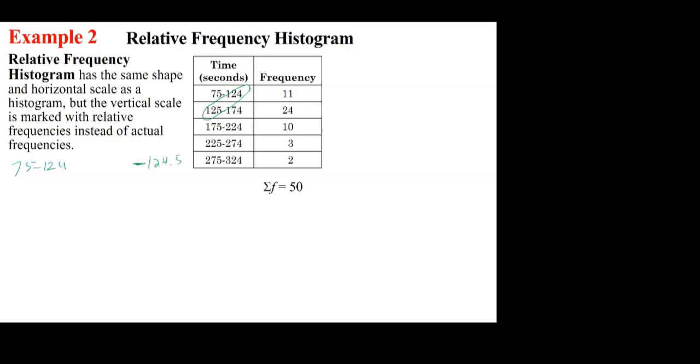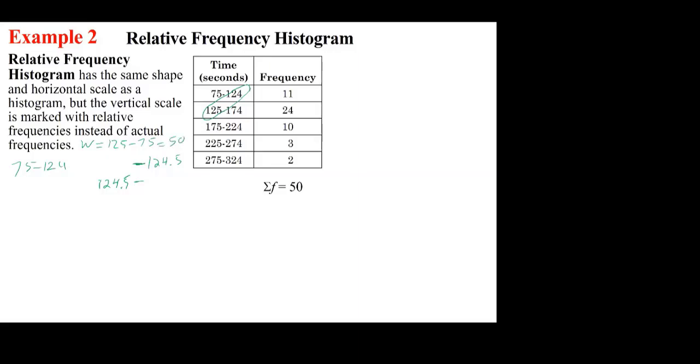124.5, which means the next class uses the same lower boundary, 124.5. The width is 50, so you can subtract 50 and you can add 50. So remember, the width is 125 minus 75, which is 50.